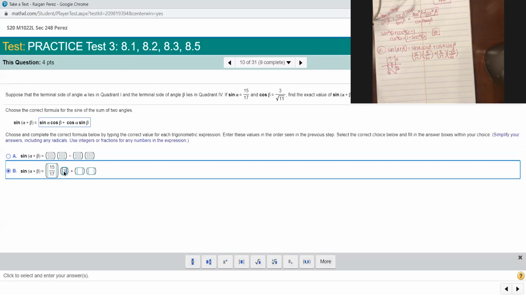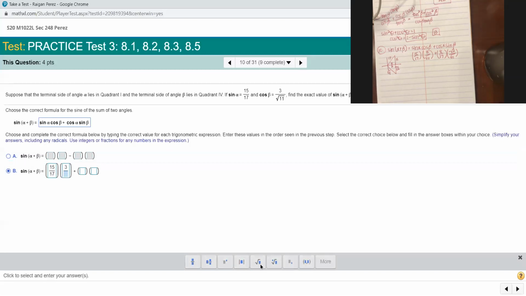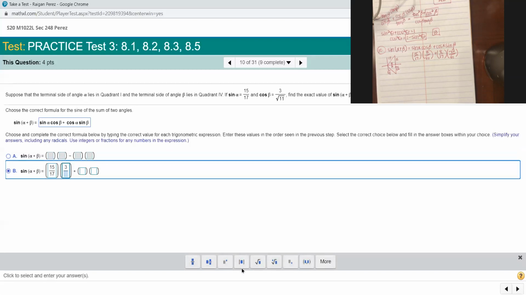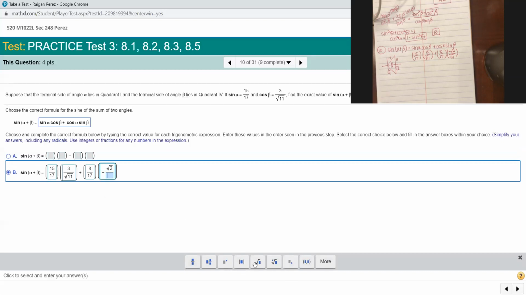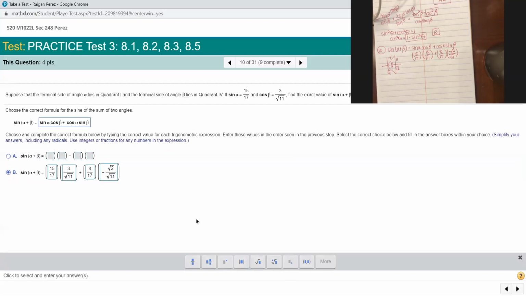And then 3 divided by square root of 11. Right here would be 8 over 17. And negative square root of 2 divided by square root of 11. And there you go. That's that.